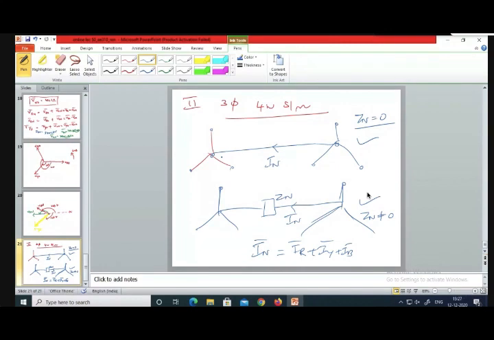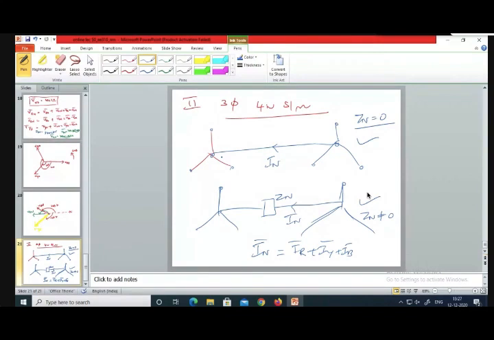So the neutral impedance is 0. In some cases the neutral impedance will be there. So these 2 points are not shorted. Clear? So in that case the neutral of the load is connected to neutral of the supply through an impedance Zn.